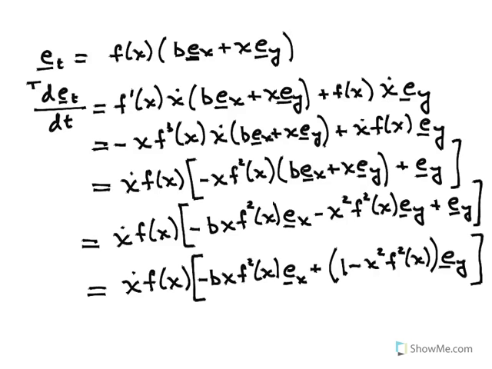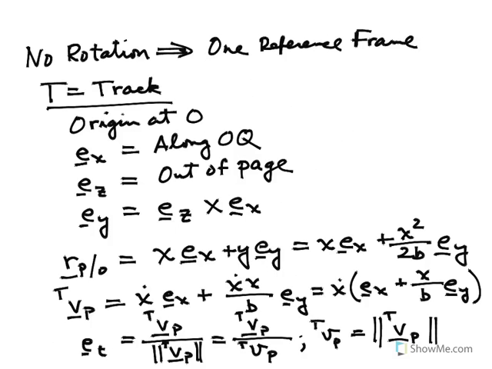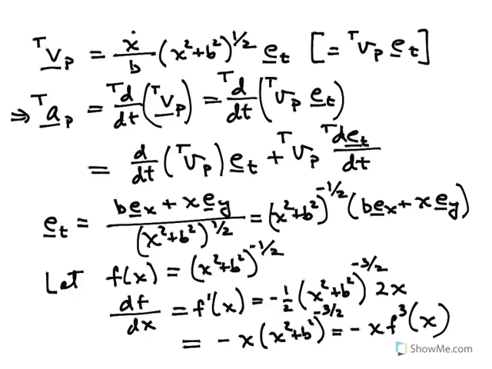Now, what I need to simplify here is this 1 minus x squared times f squared of x. So 1 minus x squared times f squared of x is equal to 1 minus x squared times (x squared plus b squared) to the minus 1, recalling that f was this function right here, (x squared plus b squared) to the minus 1/2.